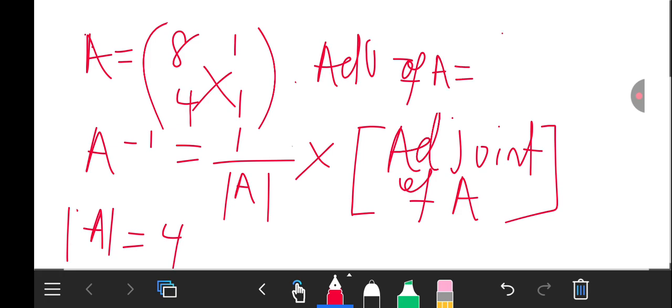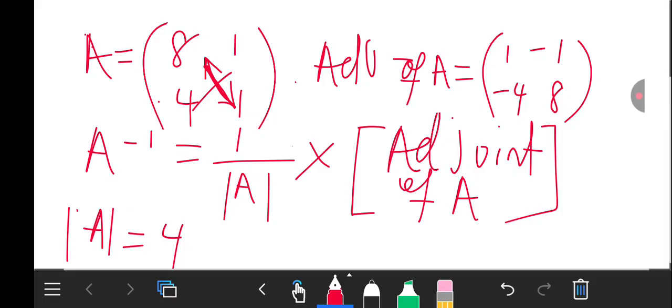To find the adjoint, you interchange the major diagonal. Instead of writing 8 there and 1 like that, the way it was, this 1 will go up and 8 will come down, so it will be 1, 8. Then you multiply the numbers in the minor diagonal by -1, so there will be -1 there and -4 there.